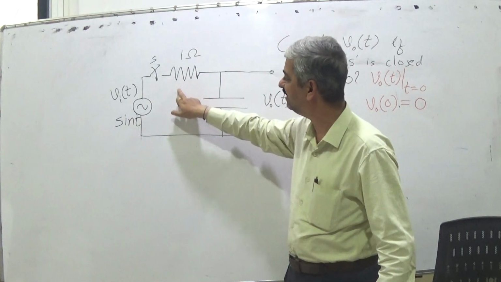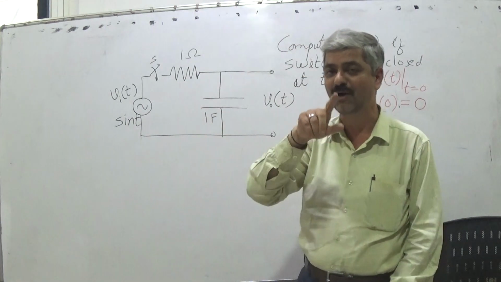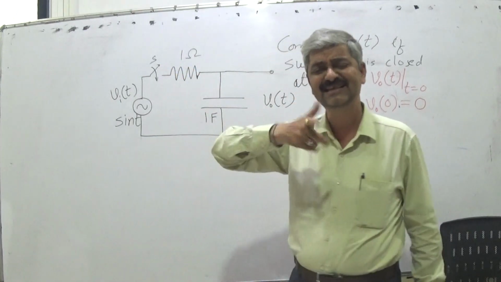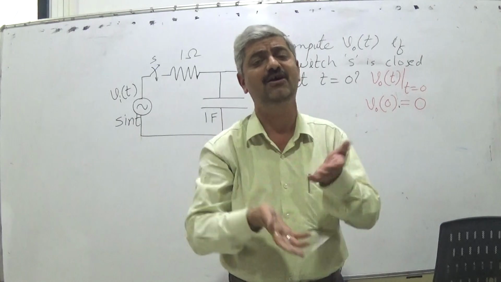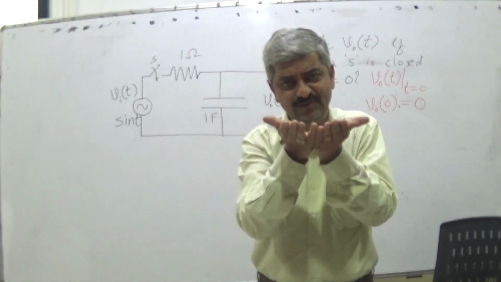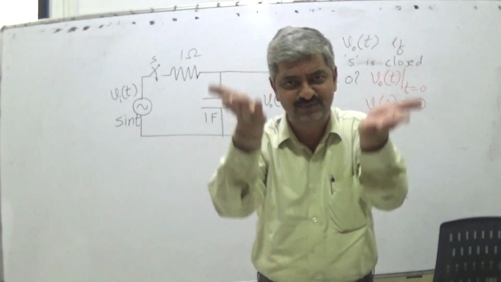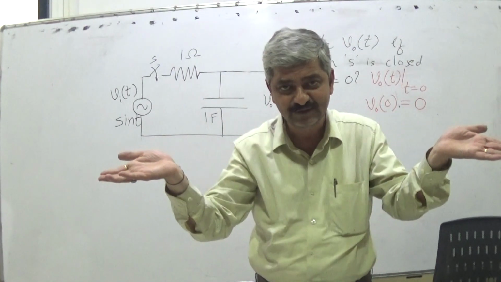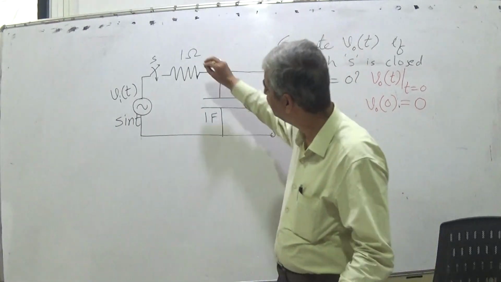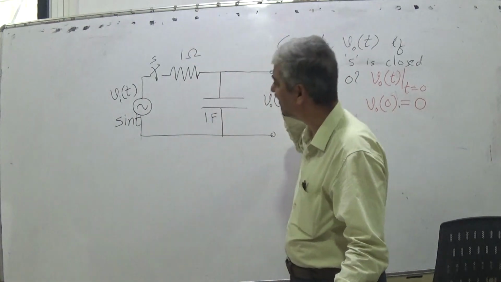Only one resistor. Also, why I always prefer simple values: if you take some odd values, or unnecessary variables like R and C, the equations you consider get bigger, and bigger is not our motive. So 1 ohm, 1 farad.